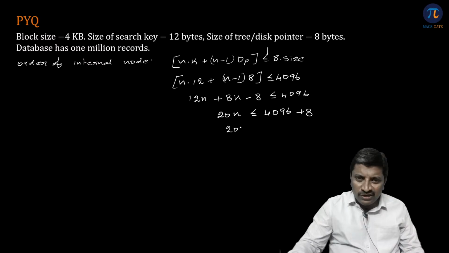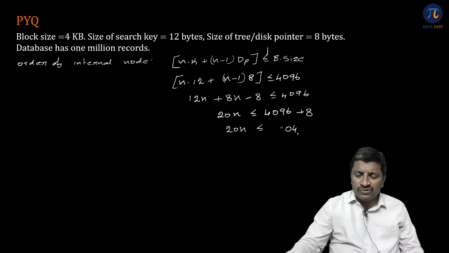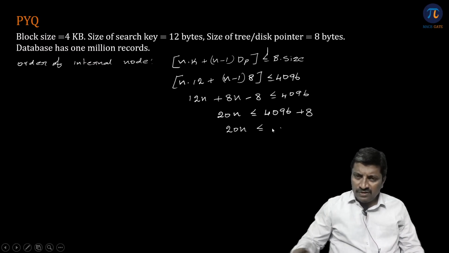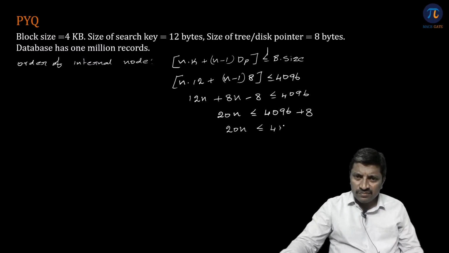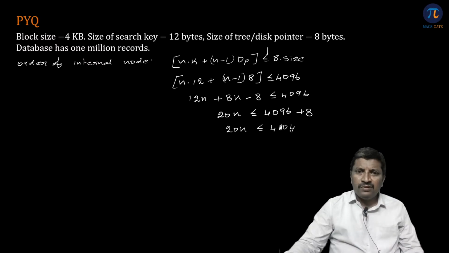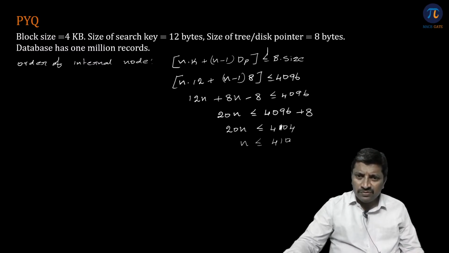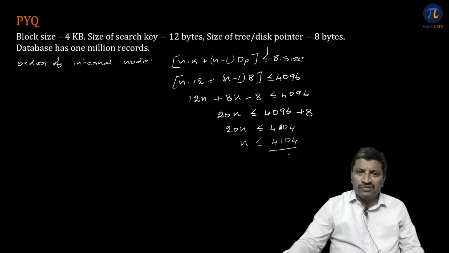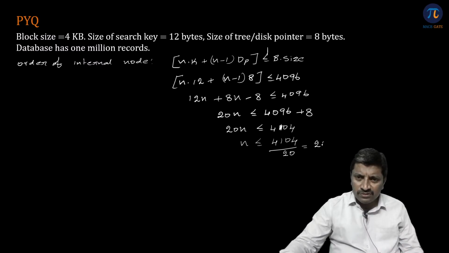So this is 20n less than or equal to, I think this is 4, sorry. What is this value, sir? 4104, am I right? Yeah, 4104. So n is less than or equal to 4104 divided by 20. So this is 205.2.